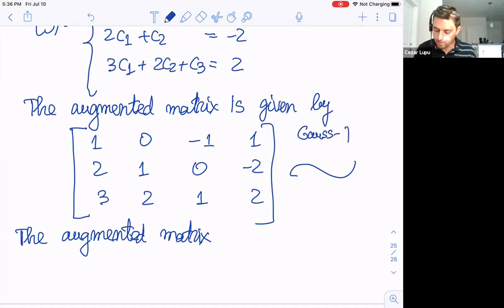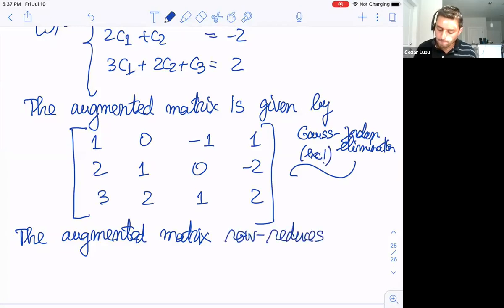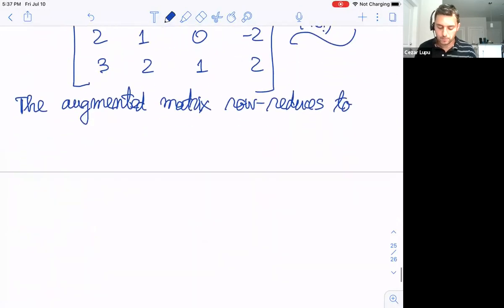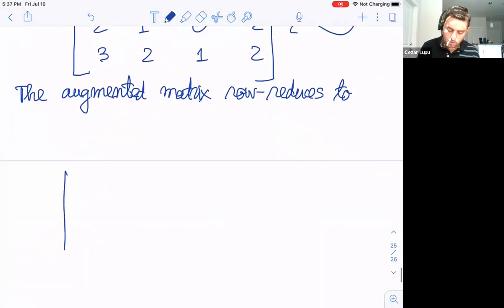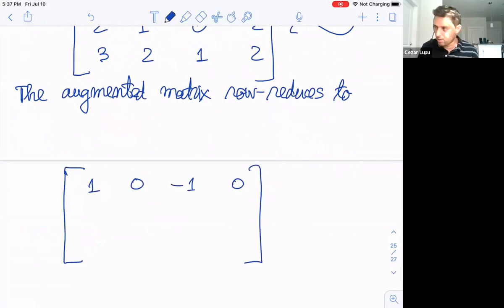Gauss-Jordan elimination. So this is an exercise for you. The augmented matrix row reduces to the following matrix. Let me write it here. It will be 1, 0, negative 1, 0; 0, 1, 2, 0; and the last row will be 0, 0, 0, 1.